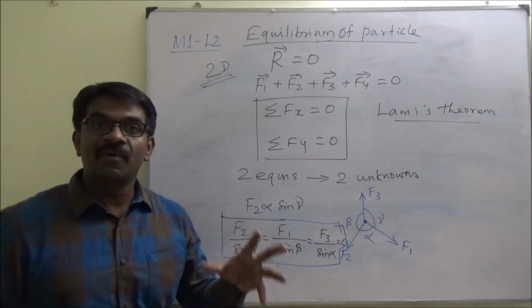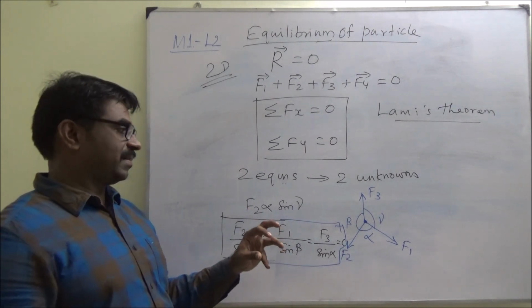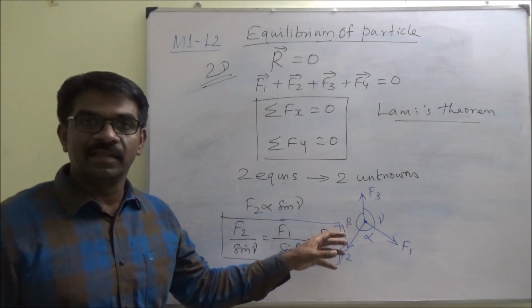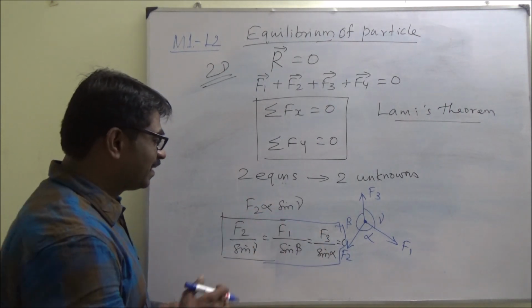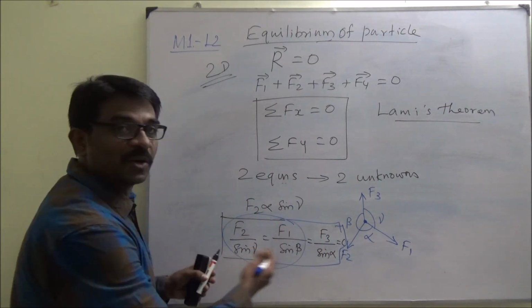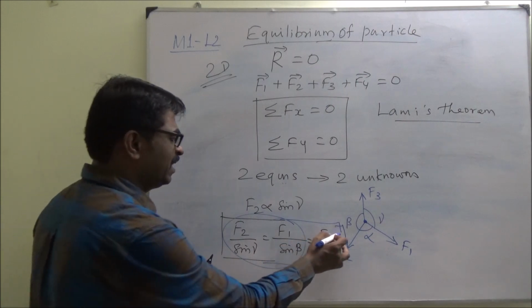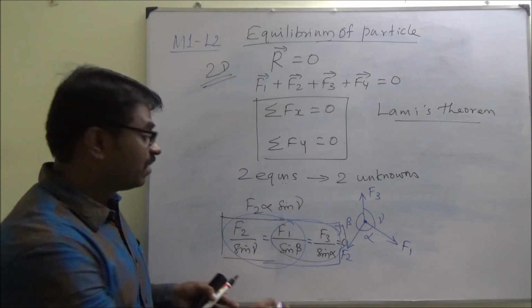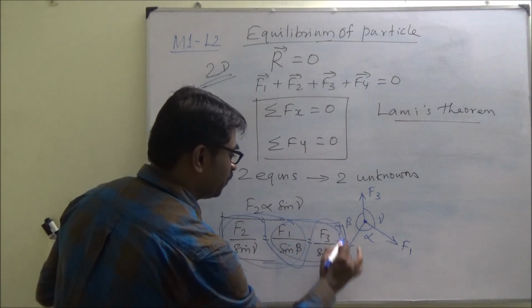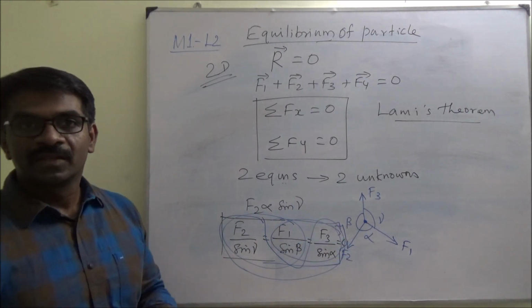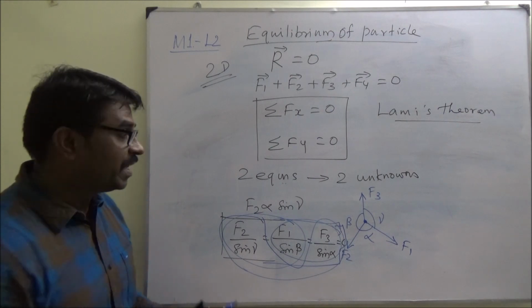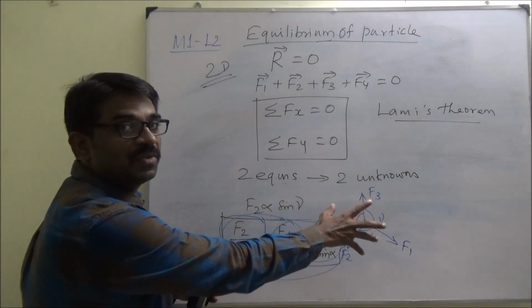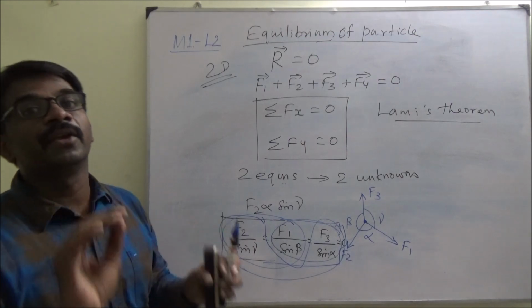When you have three forces acting on a particle, this is a simple expression. Using that, I can use these two to find out any one unknown, or these two to find out another unknown. So it is a simplified method for equilibrium. The assumption is the three forces are in equilibrium.